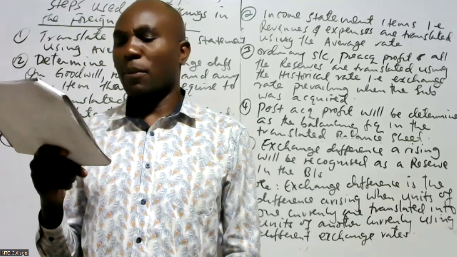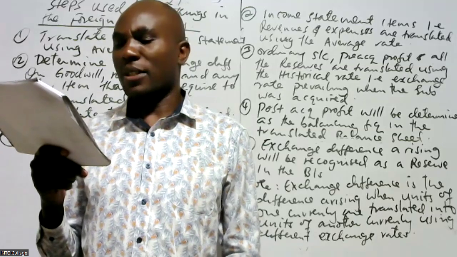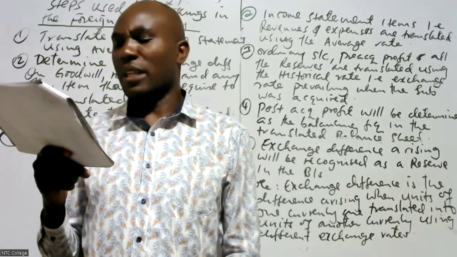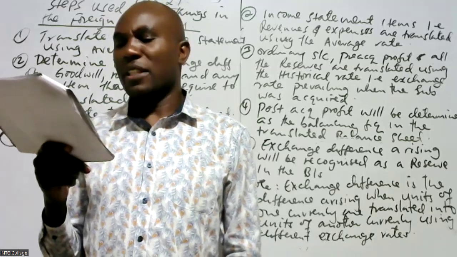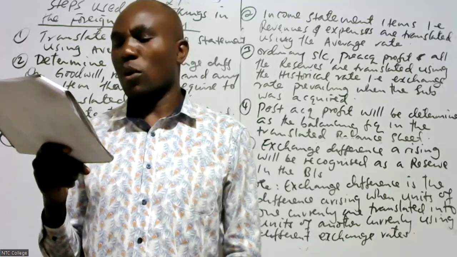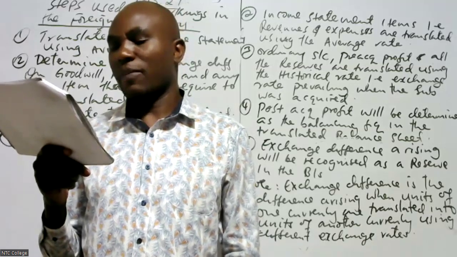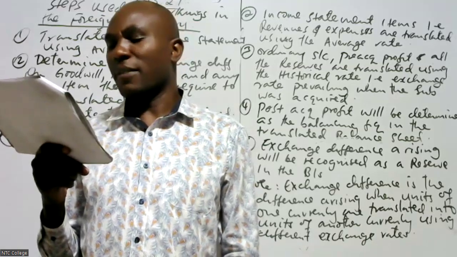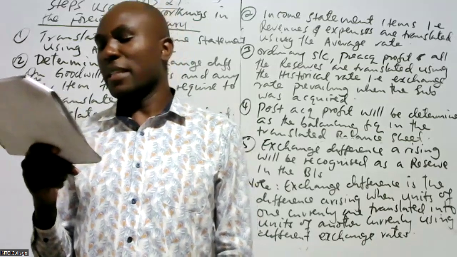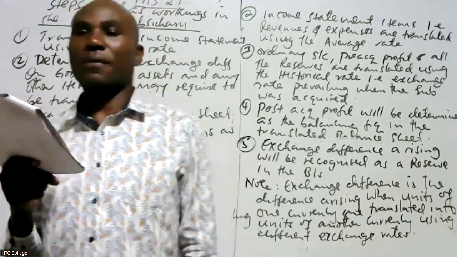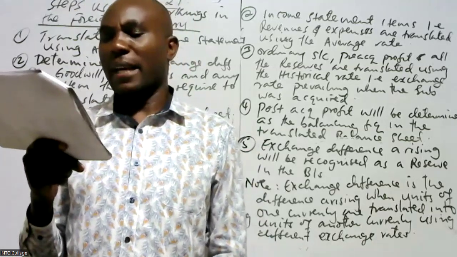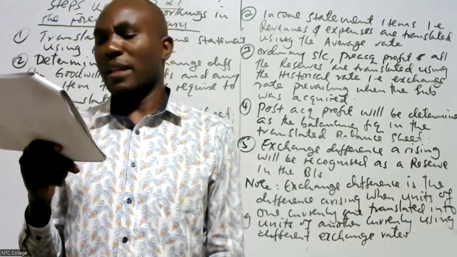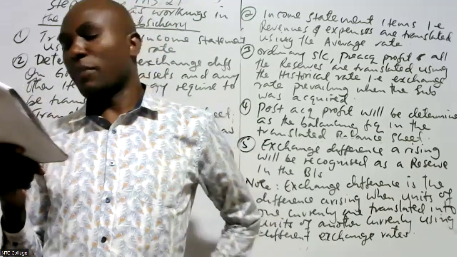Both companies prepare their financial statements in accordance with international financial reporting standards. The presentation currency of the group is Kenya shillings, while S Limited's functional currency is the FR, that is franc. The draft financial statements for the year ended 31st December 2021 are as set out below.